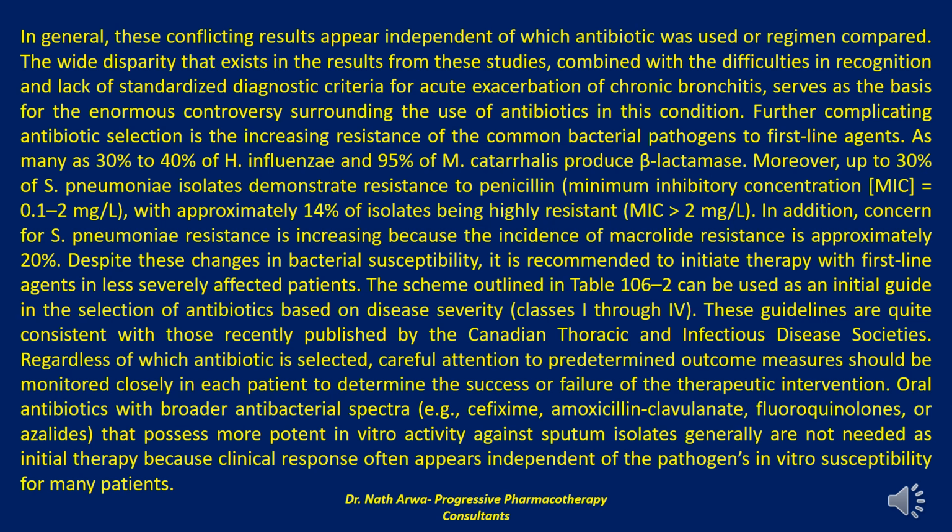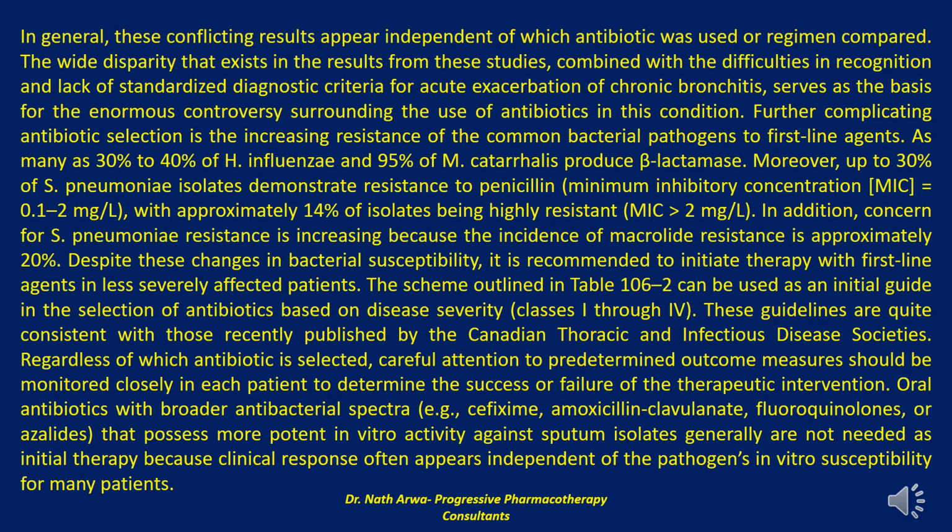Further complicating antibiotic selection is the increasing resistance of the common bacterial pathogens to first-line agents. As many as 30% to 40% of Haemophilus influenzae and 95% of Moraxella catarrhalis produce beta-lactamase.